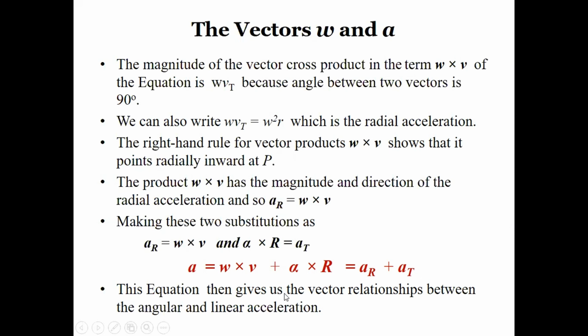So this equation gives us the vector relationship between the angular and the linear acceleration. Previously, we got a relationship between the angular velocity and the tangential velocity in vector form. So with this, we have the vectors for omega and alpha and their relationship with the linear terms such as the velocity and acceleration.